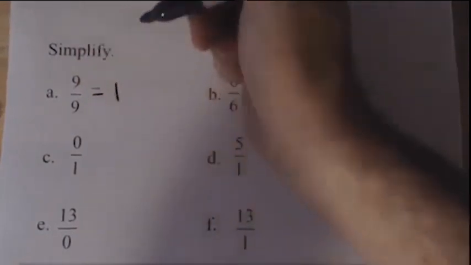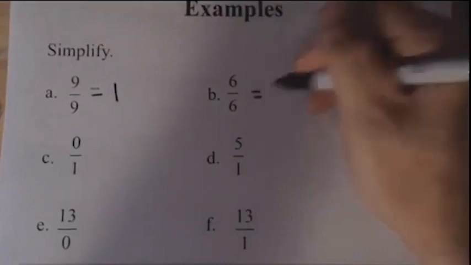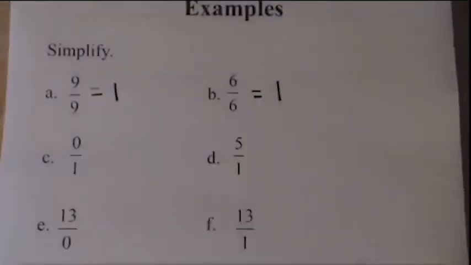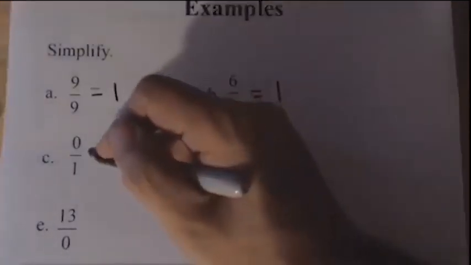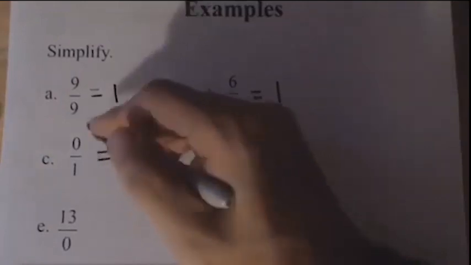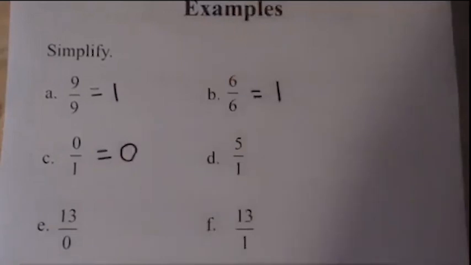9 over 9, a number over itself is 1. 6 over 6, a number over itself is 1. 0 over 1, any number over 1 is itself, or 0 over any number is 0, either way. The answer here is 0.